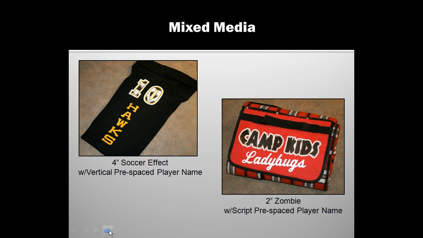So now what I want to talk about a little bit is mixed media, and I'm just going to show you a couple examples here of how you can choose different products to really make unique items and personalize all your different apparel and accessories for your customers. In this first photo, we have the number 10, which is with the digitally printed fill effect using the soccer ball effect.